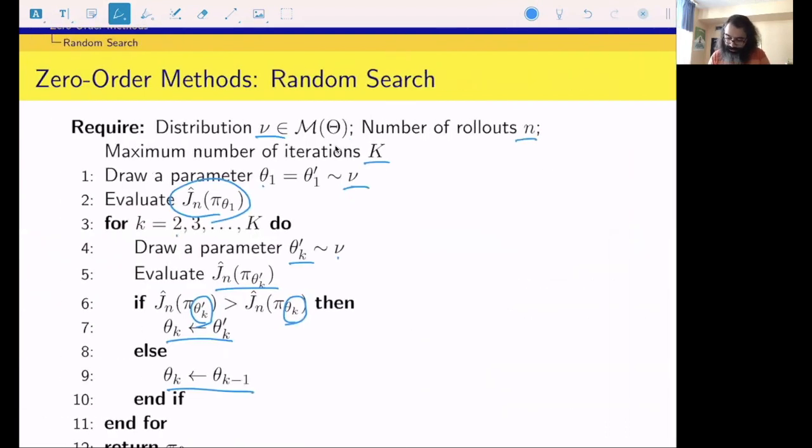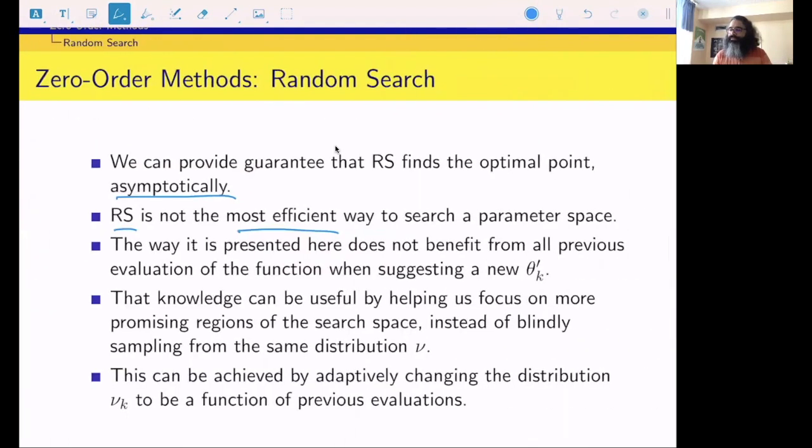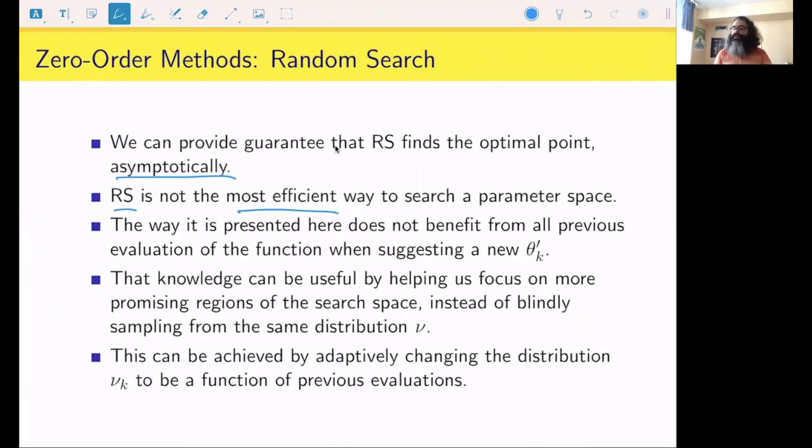As a result, it is kind of ignoring whatever happened in the past. But that knowledge can be helpful in guiding us to focus on promising regions of the search space instead of blindly sampling from the same distribution over and over.